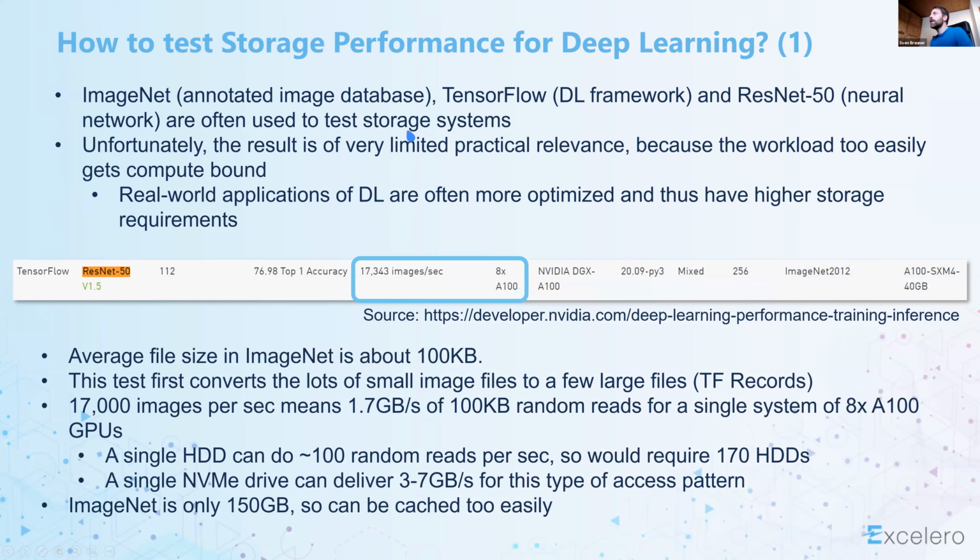But just to give an example, very often storage vendors run benchmarks with the combination of ImageNet, which is an annotated image database available on the internet, TensorFlow, which is a deep learning framework, and ResNet-50, which is the neural network for the training.